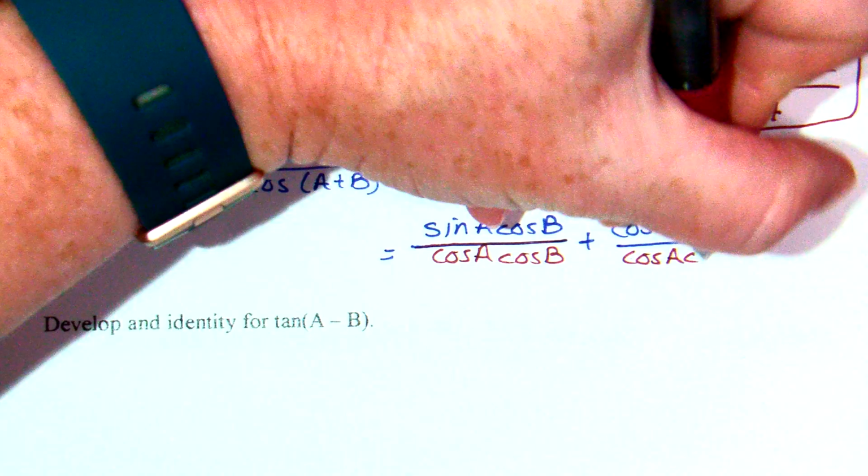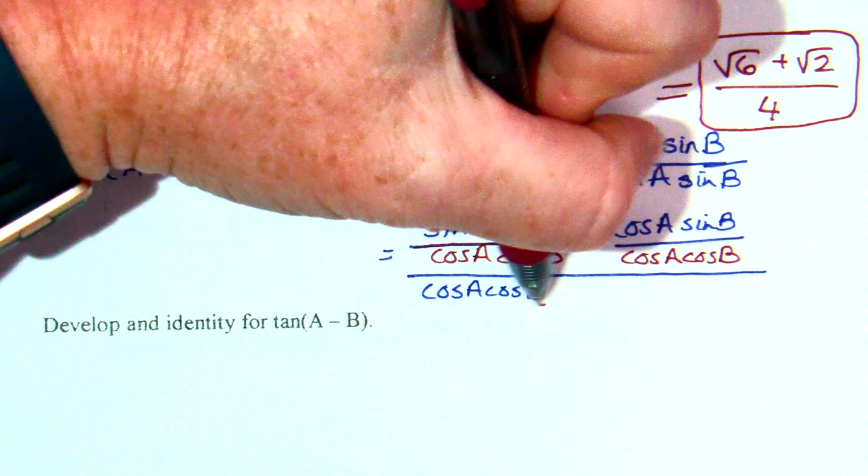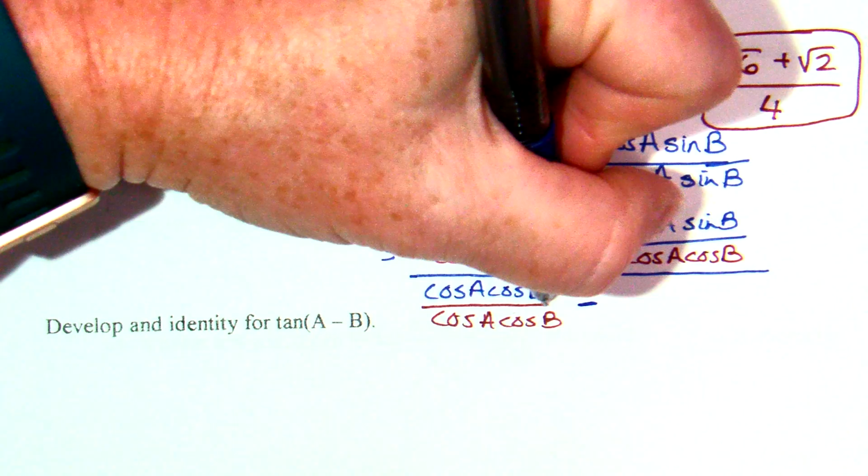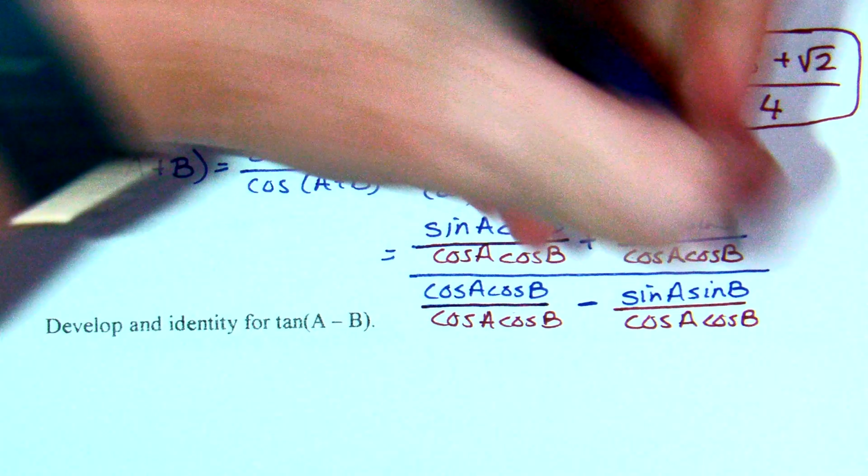So it's cosine A, cosine B, and we're going to divide cosine A, cosine B by cosine A, cosine B. And this time it's minus, and again, sine A, sine B. And we're dividing by cosine A, cosine B. Kind of running out of room here on my right side. Okay.